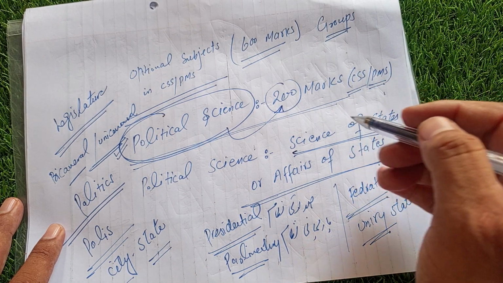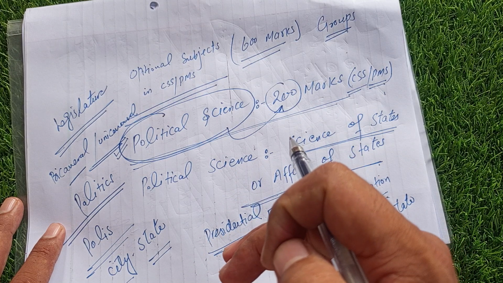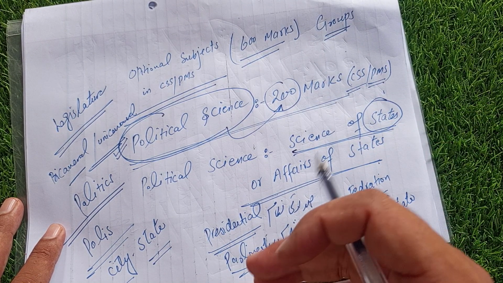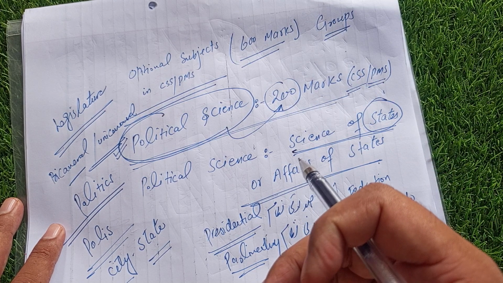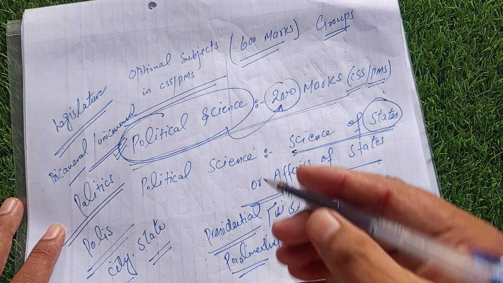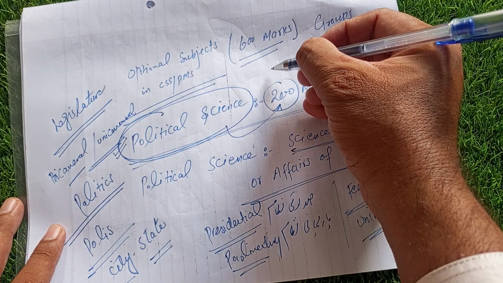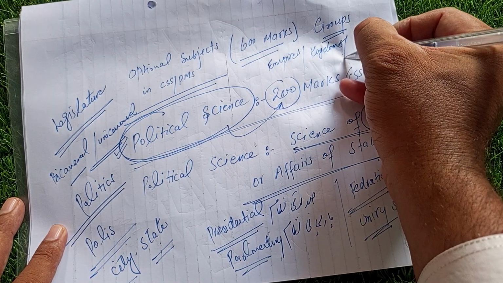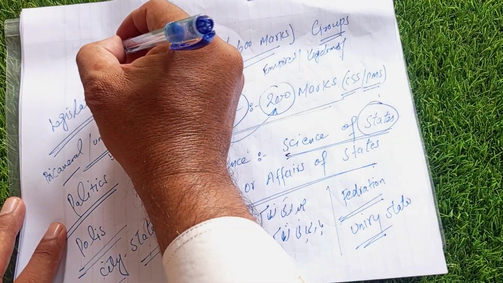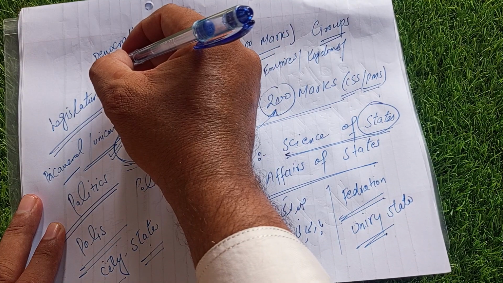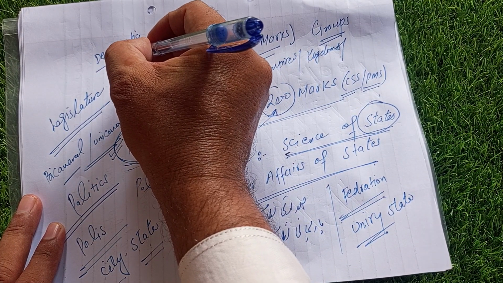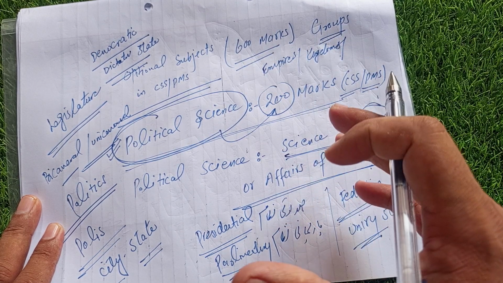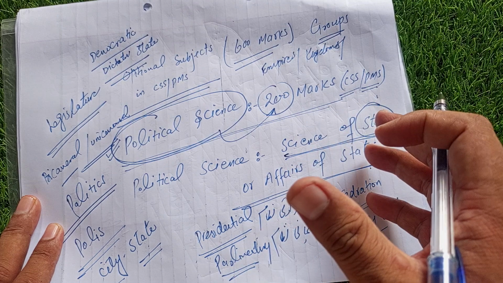This subject gives a path to understand the state, the organs of the state, the functions of the state, the systems of the state, the working of the state, the histories of the states, how the states emerged from empires or kingdoms, or whether the state is a democratic state, a dictator state, an oligarchy, an autocracy, or any other form.